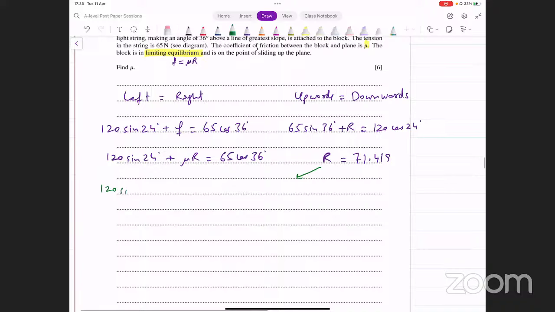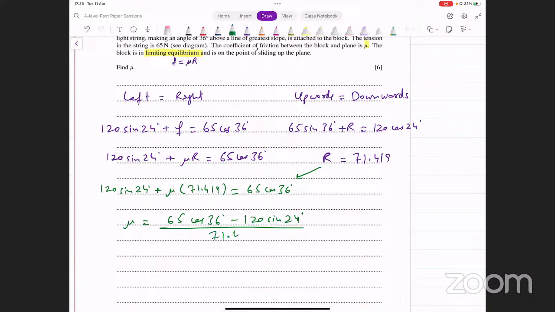120 into sine of 24 plus mu into 71.419. On the other side, you have 65 cos 36. So mu is going to be equal to 65 cos 36 minus 120 into sine of 24 whole divided by 71.419.